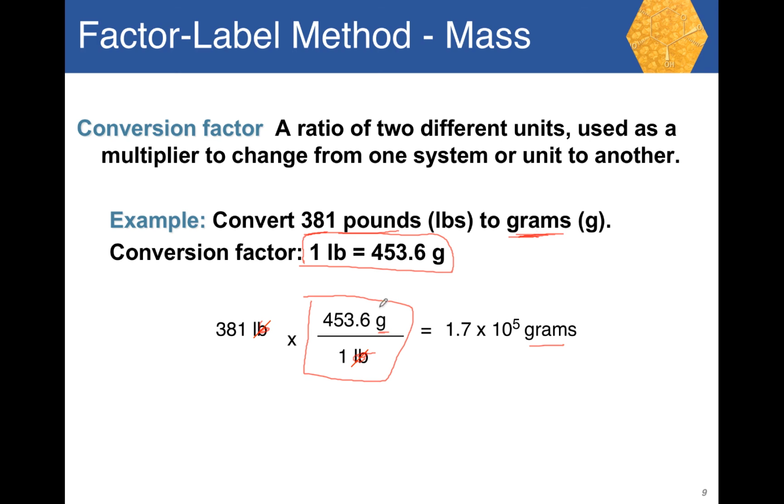So in this case, you get your calculator, type in 381, and multiply by 453.6. Notice it's a large number, so we use scientific notation. We do not use a lot of zeros after that. We just use the scientific notation here, 10 to the 5th grams.